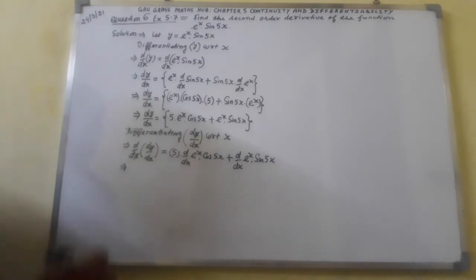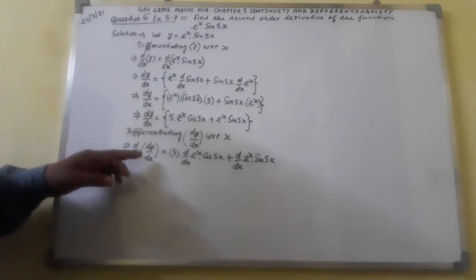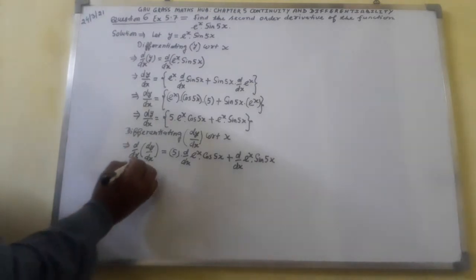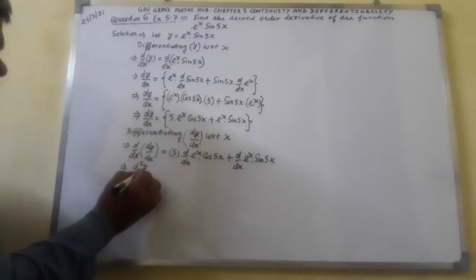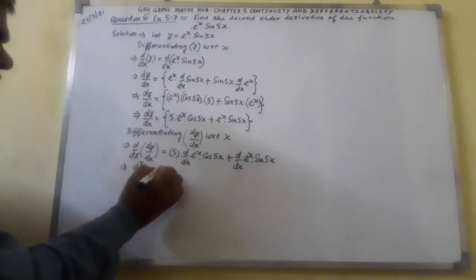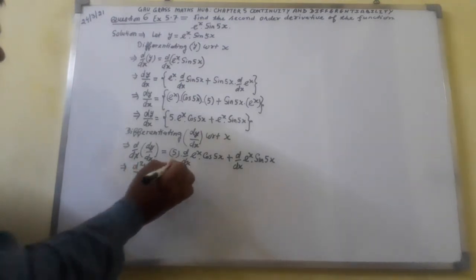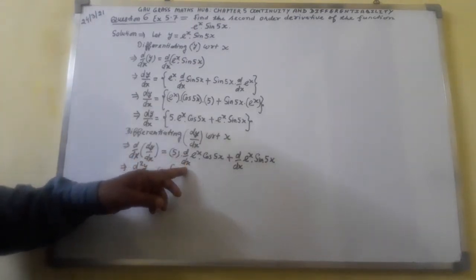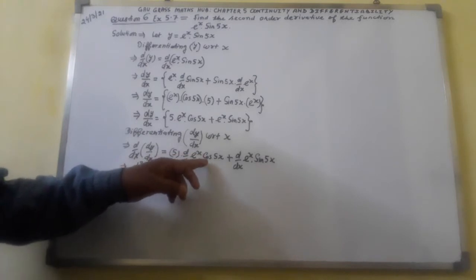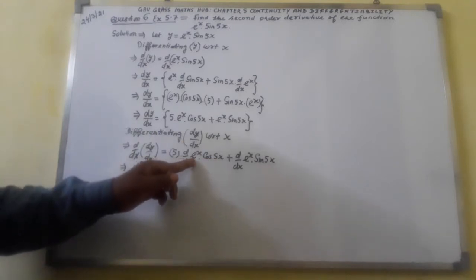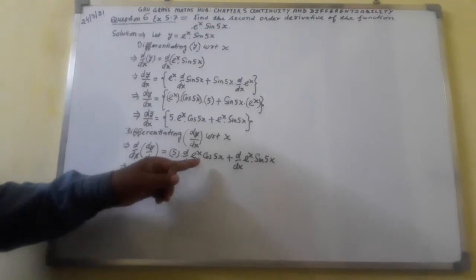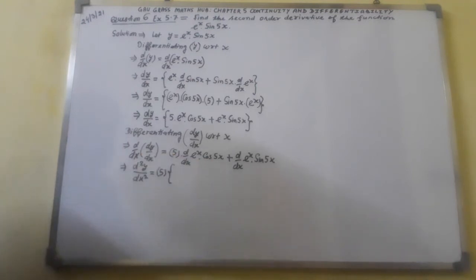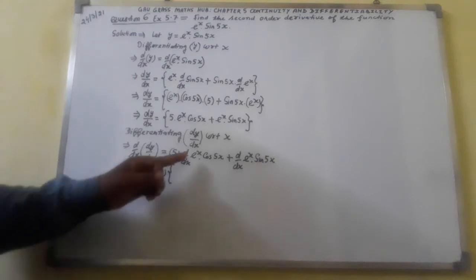Implied that here I shall write d over dx of dy over dx comes out to be d square y over dx square equal to, here I shall write 5, open here curly bracket. Now here you can see d over dx of e raised to power x dot cos 5x. Two functions, exponential function and trigonometric function. Both functions are multiplied together. So here I shall use the product rule.